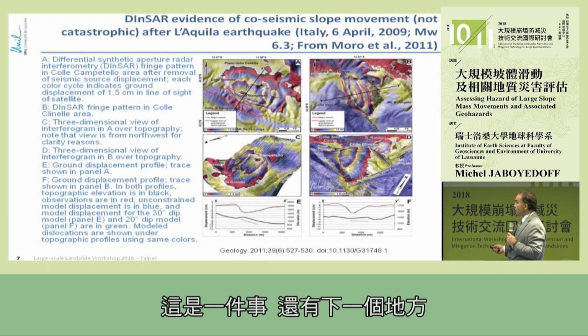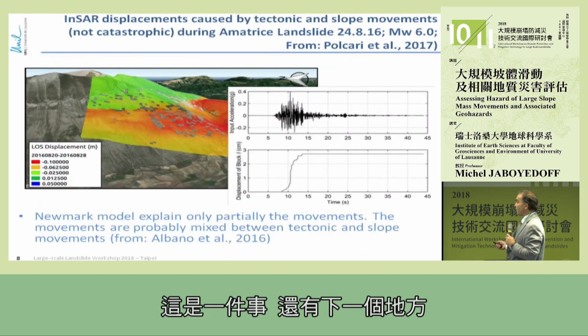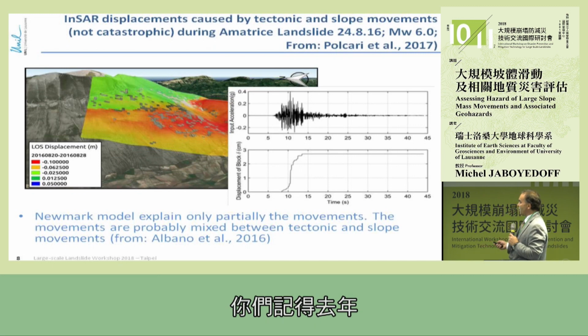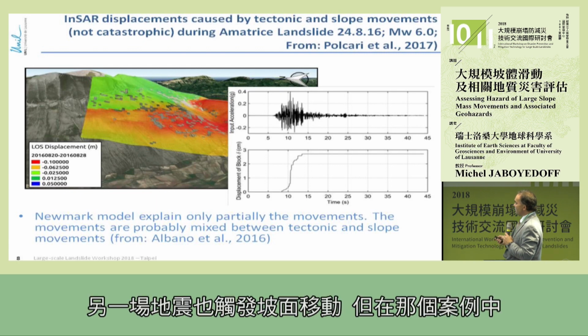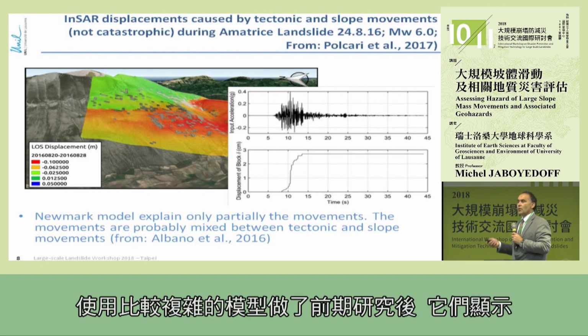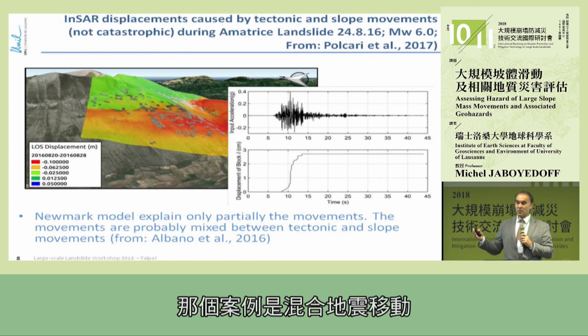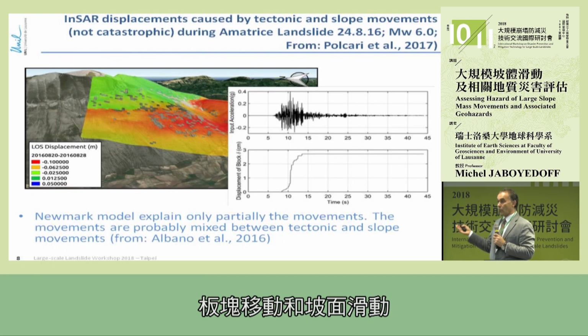Another place: you remember that there were three earthquakes during the last year in central Italy, and another earthquake also triggered a movement in the slope. But in that case, it seems, after the early work that has been done, using a somewhat more sophisticated Newmark model, they showed that it was a mix of movement due to seismic movement, tectonic movement, and slope movement.